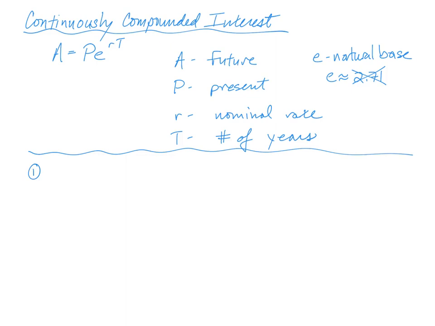All right, let's look at an example. Before we even get into an example, I want to make it pretty clear that in finance, in the real world, the continuously compounded formula generally never gets used. This is one of those rare times you can use the word never and be right. What the continuously compounded interest formula is good for in most cases are applications outside of finance, like population tracking.